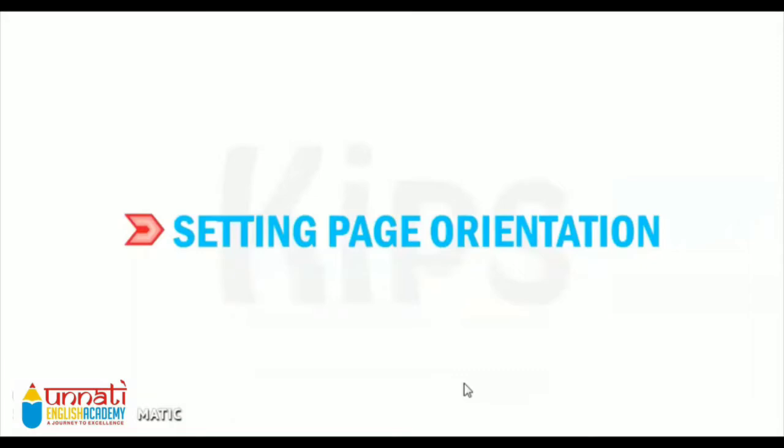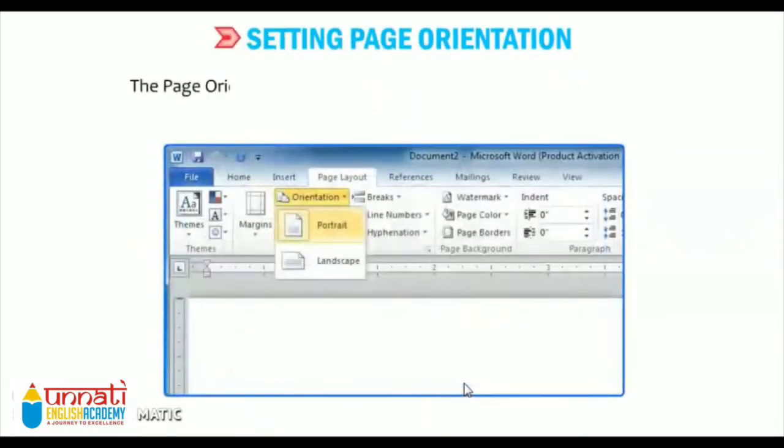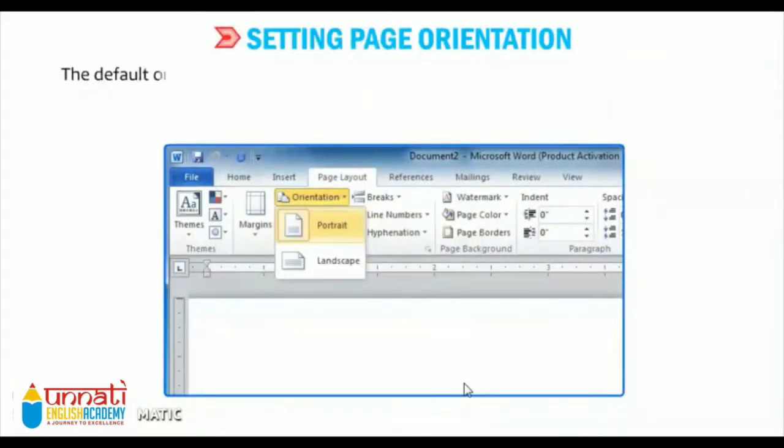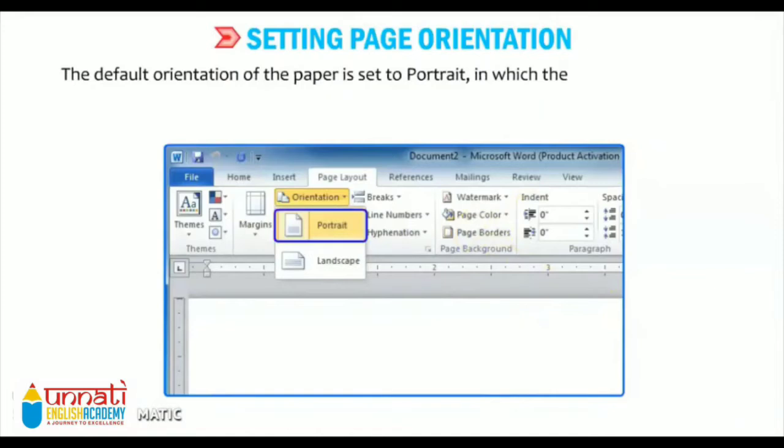There are two types of orientation, portrait and landscape. The page orientation property sets the printing direction of the text. The default orientation of the paper is set to portrait, that is vertical, in which the document is printed lengthwise.